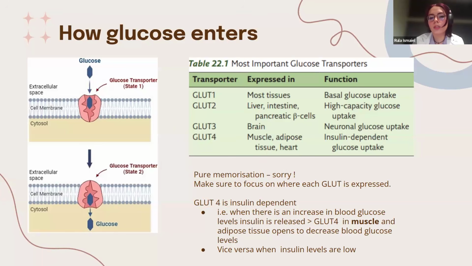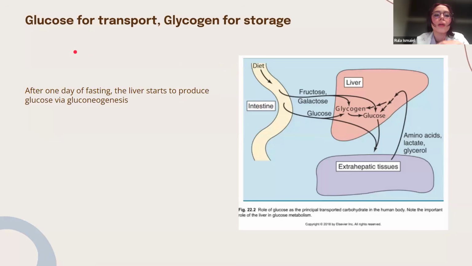There's no need to lower blood sugar because you still need to have a baseline level of glucose in the blood, okay? So that's the concept for this one. Again, very sorry, but just focus on these and the fact that this one is insulin-dependent glucose, okay? Now, keep in mind, glucose is for transport, okay? And glycogen is for storage.